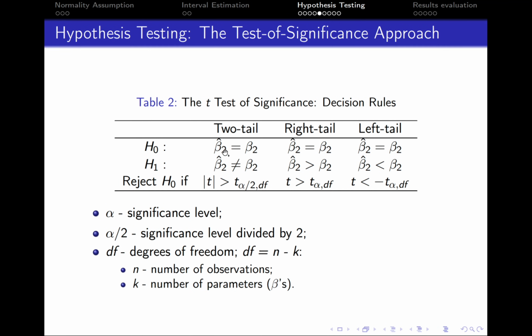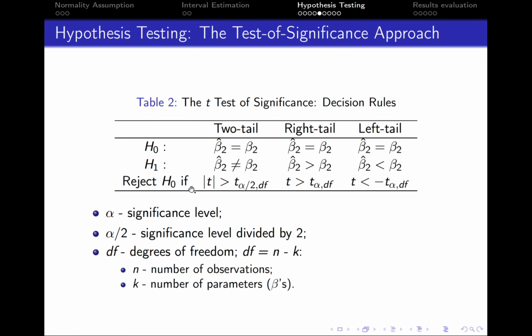The null hypothesis, as you can see, is the same for all the tests, that the estimated value of beta 2 is equal to the hypothesized value, for example 0. And the alternative hypothesis in case of a two-tailed test is that it is not equal to 0, for the right tail that it is higher, and for the left tail that it is lower than the hypothesized value.